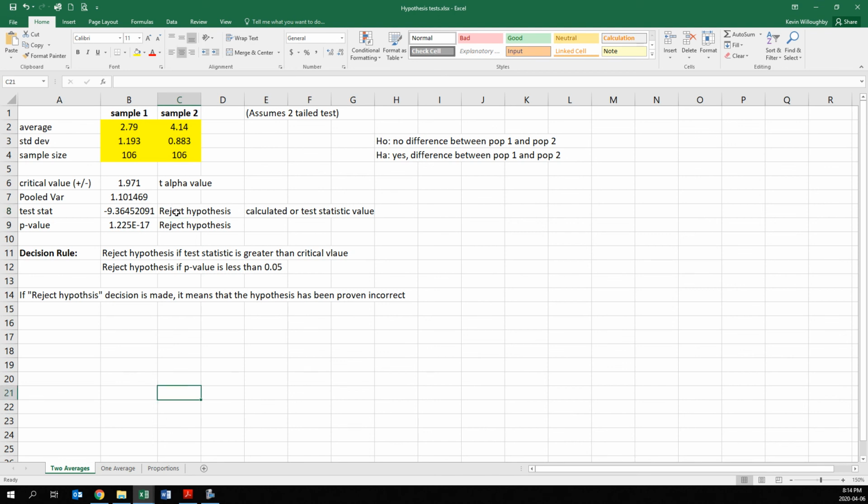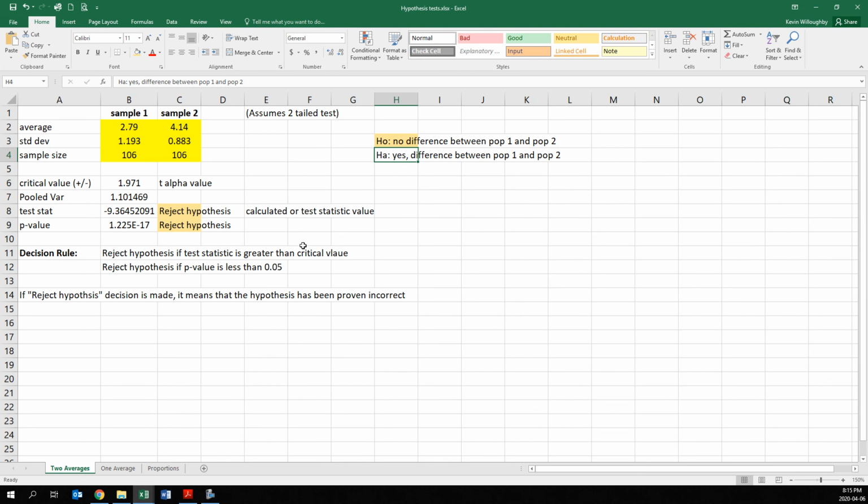And you should note with this and with the other tests that these decisions here, let me color them a different color, are going to be automatically generated based on the difference between your test statistic and your critical value. So I've made it super easy to analyze these hypothesis tests. So we're clearly rejecting the null hypothesis. Basically this one has been rejected. We are left with this hypothesis.